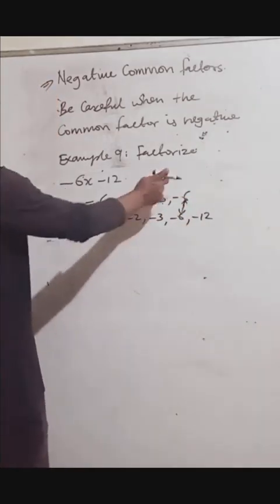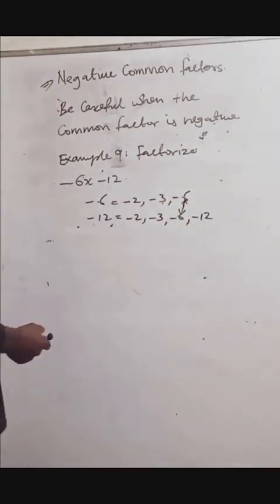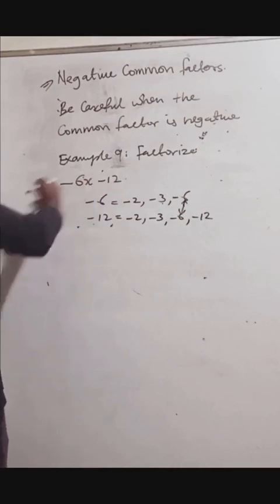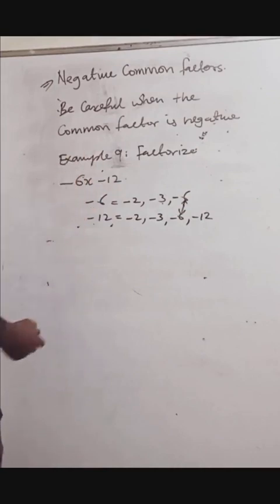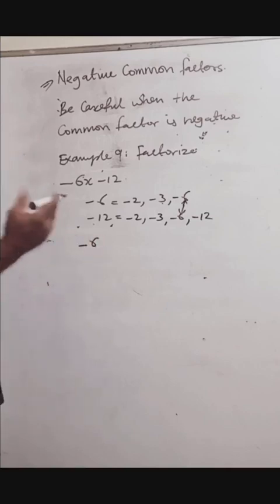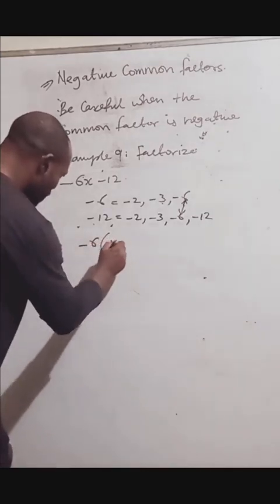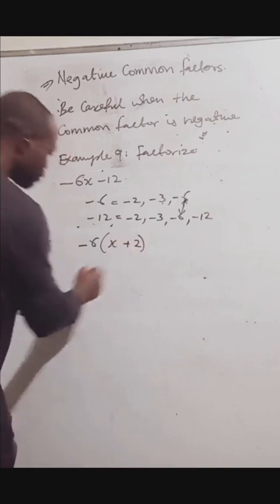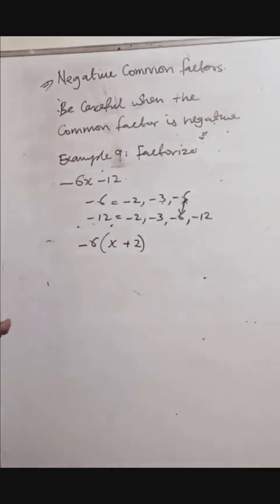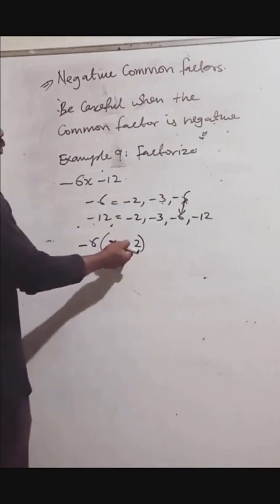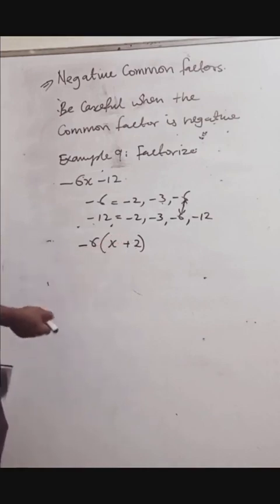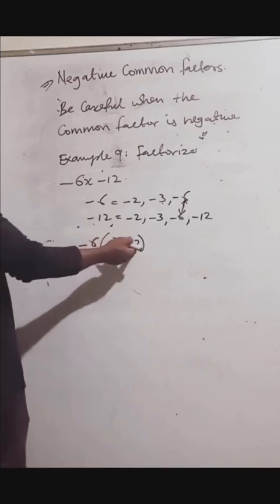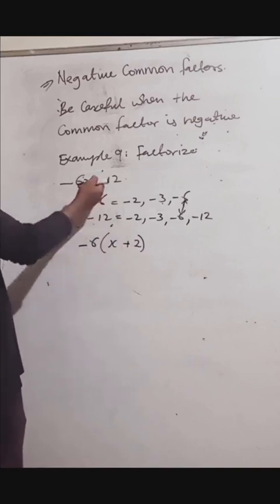So 6 is common here, 6 is common here. So to factorize, this expression will now become minus 6 multiplied by x plus 2. And the reason why I put plus 2 here is because if minus 6 is multiplied by plus 2, the result is going to be minus 12.